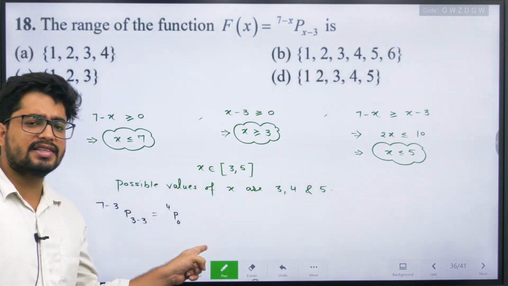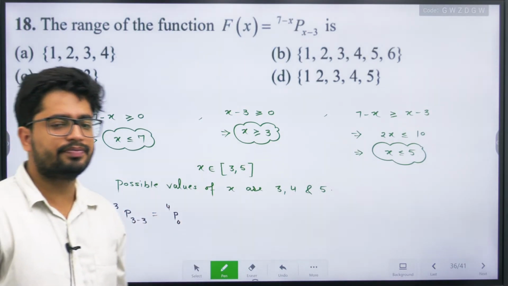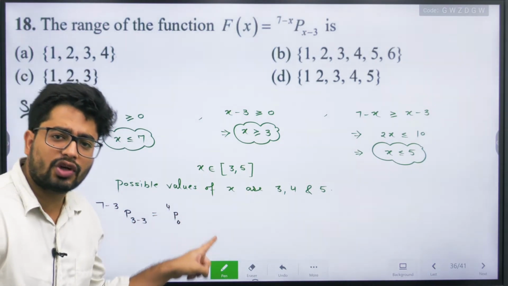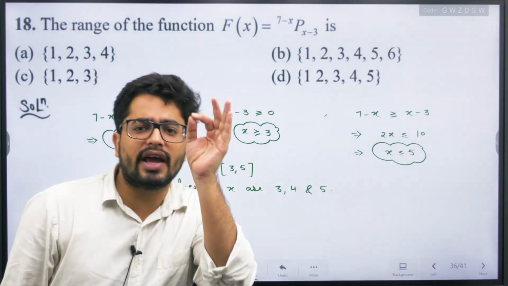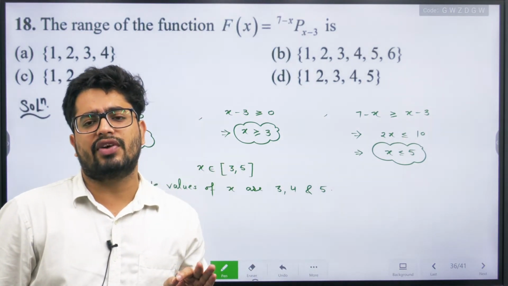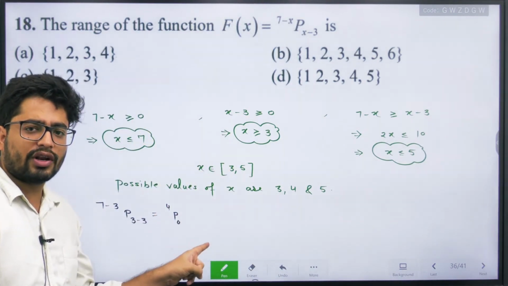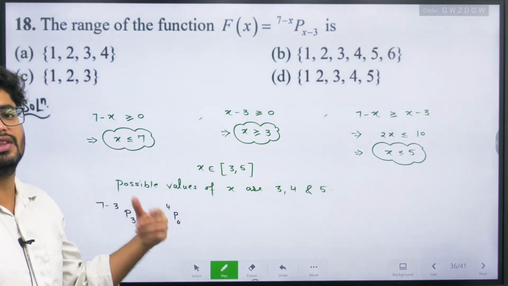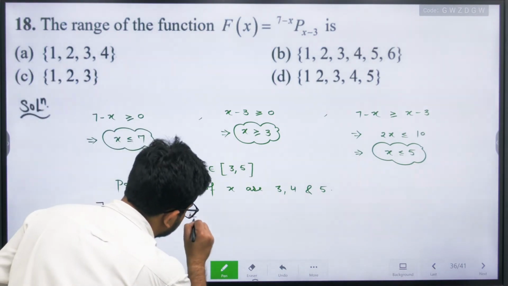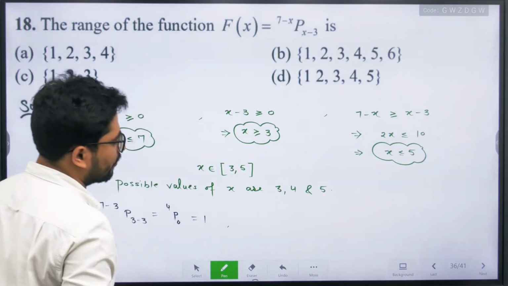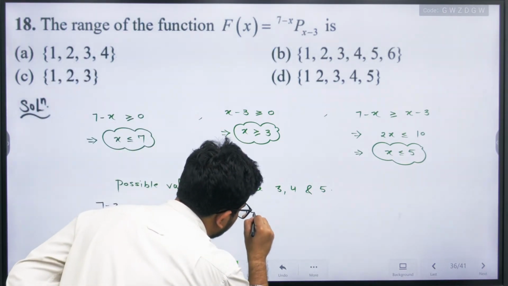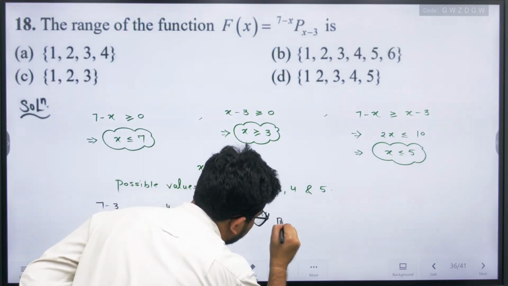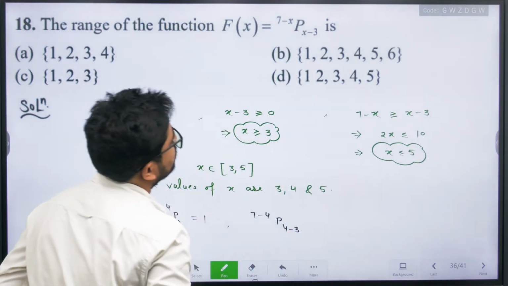Okay, so 4P0, which is 4 factorial. nPr is what? n factorial divided by (n minus r) factorial. So that is 4 factorial divided by (4 minus 0) factorial, that is again 4 factorial. So this thing is 1. Now next, whenever x is 4, so (7 minus 4)P(4 minus 3).